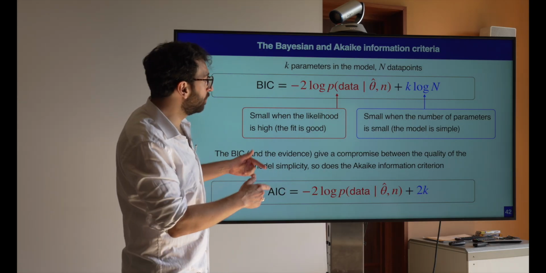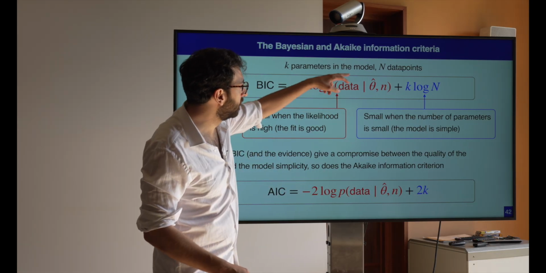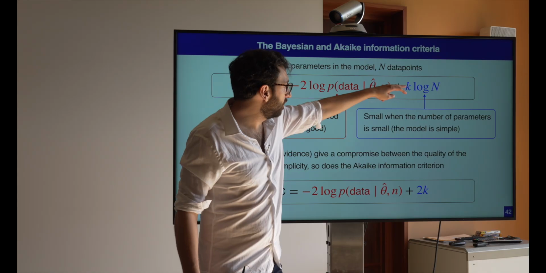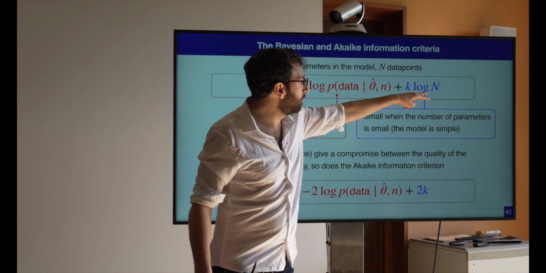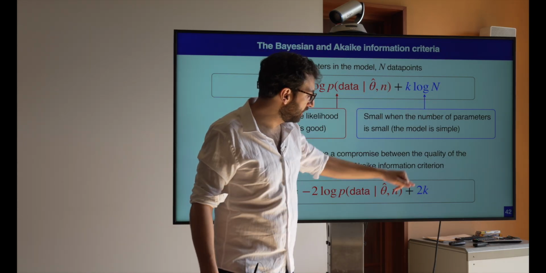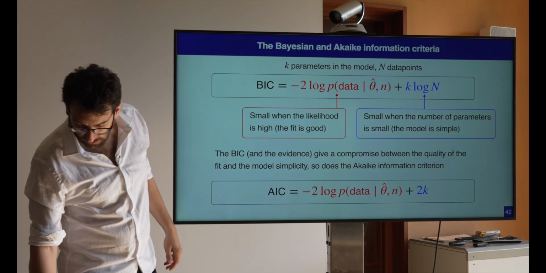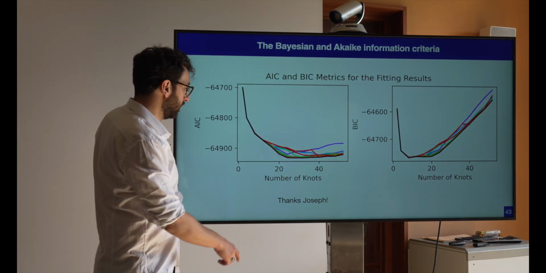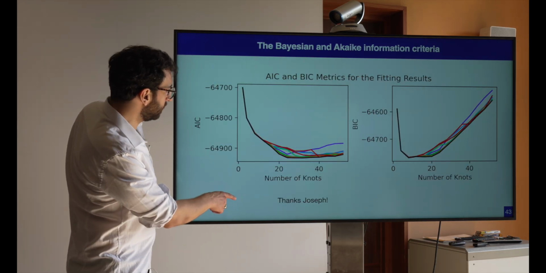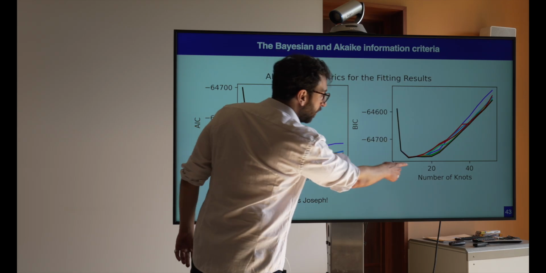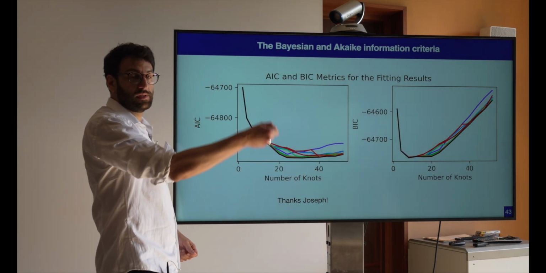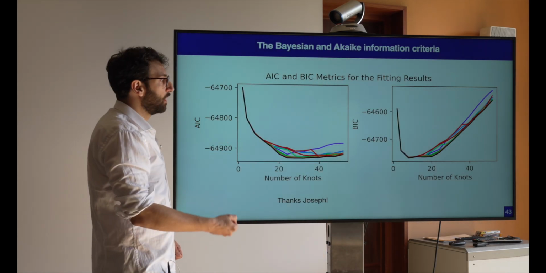But you also know that these are two different formulas. Here, the number of parameters is multiplied by the log of the number of data points, and here it's just multiplied by 2. So that's why the BIC tends to select simpler models, because the penalty on the complexity of the model is higher.